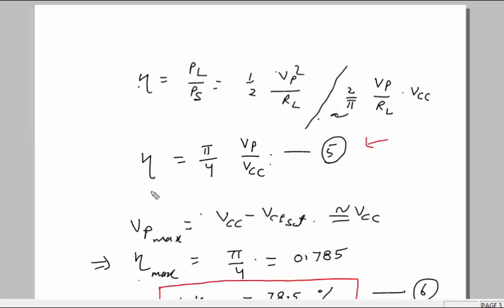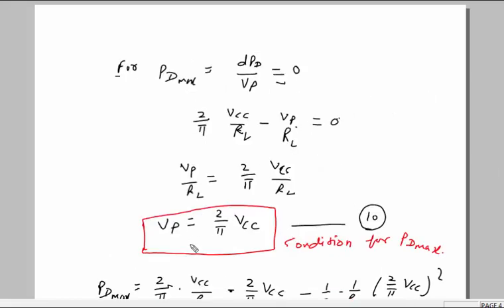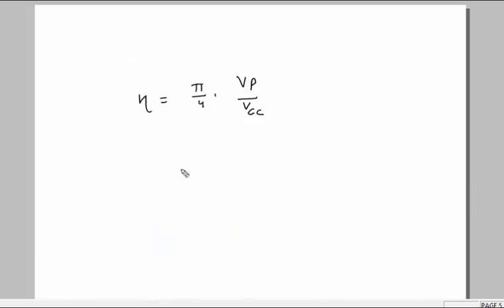So what we get here, we got eta equals pi by 4 VP by VCC. This is equation number 5. Now if we want to find out the efficiency at the point of maximum power dissipation, we'll put the value of VP for maximum power dissipation here, which we got as 2 by pi VCC.